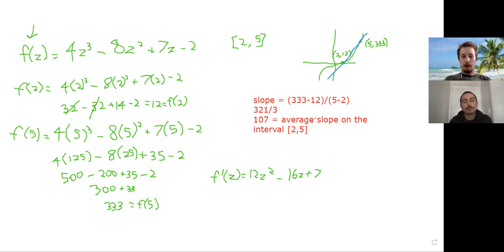And because we have to find where the slope's equal to the average slope on the interval, we have to make this equal to 107. Okay, and so from here, we just have to solve.